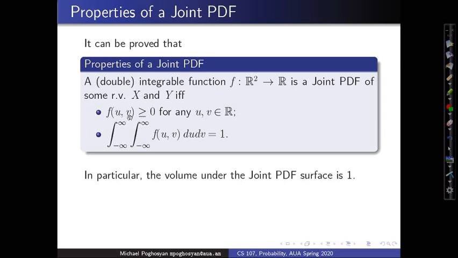And this is if and only if. Say if we have an integrable function satisfying these two properties, then there exists a random vector (X, Y) behind that, such that the joint PDF of (X, Y) is exactly that f.